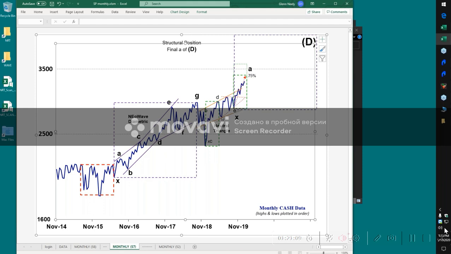The E wave itself was a contracting triangle. So when it finished, we had to have a move up that was as big and as fast, well, initially as this, but the second test would be as big and as fast as this, which is also a counter trend move of the previous decline.